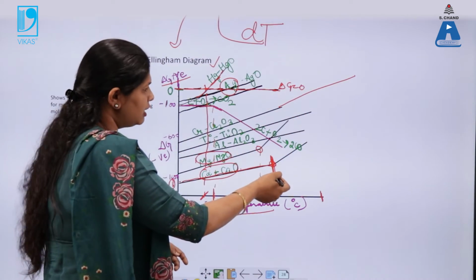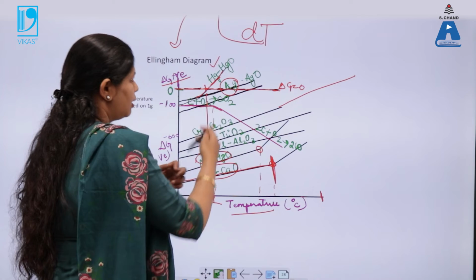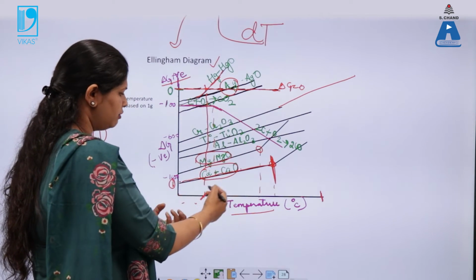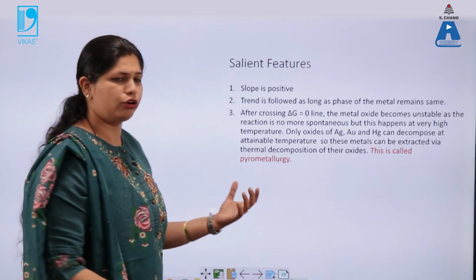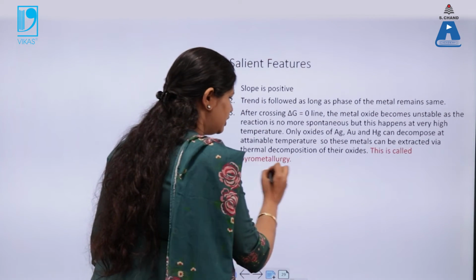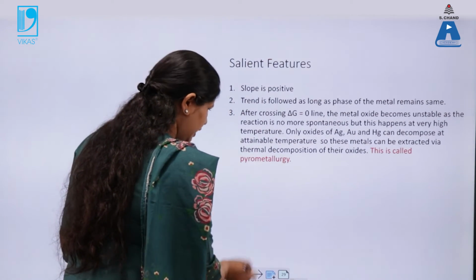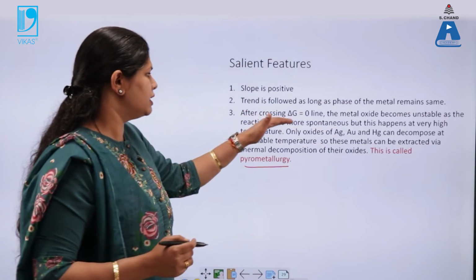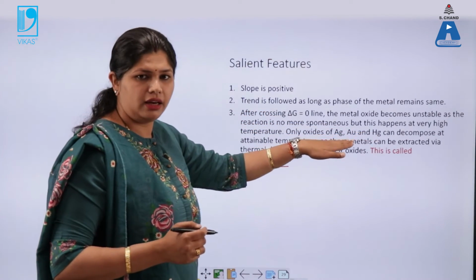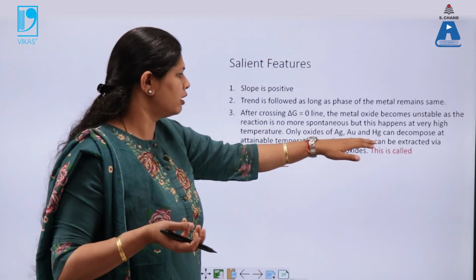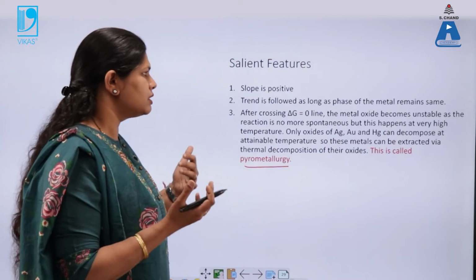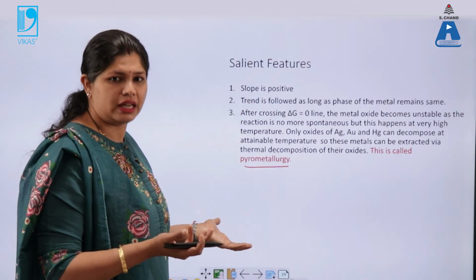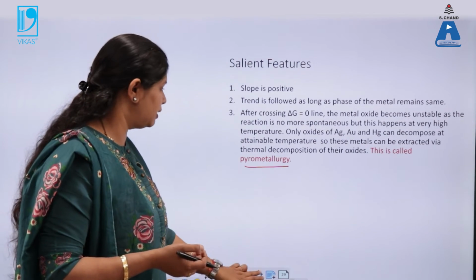This is not an easy task. So for mercury and silver, this is attainable, and hence we say this part of the metallurgy is pyrometallurgy, that only by heating we can get silver or mercury or gold from its ores. These are some of the salient features of the Ellingham diagram.